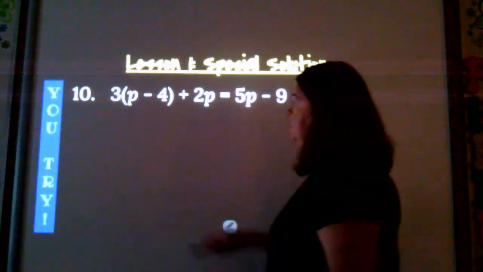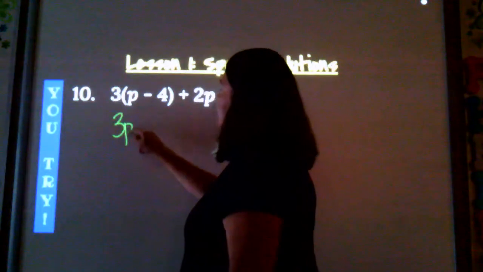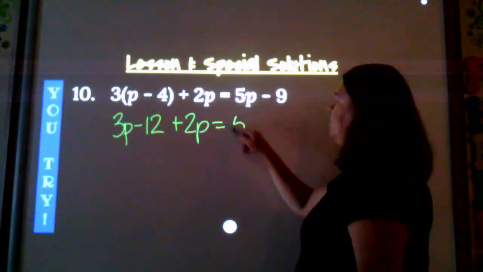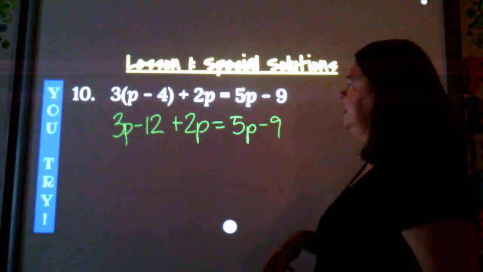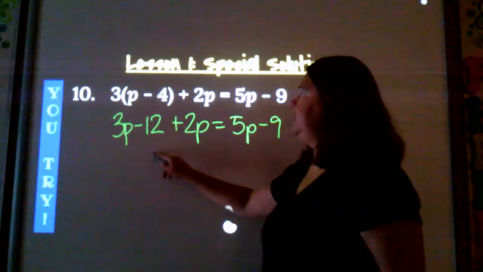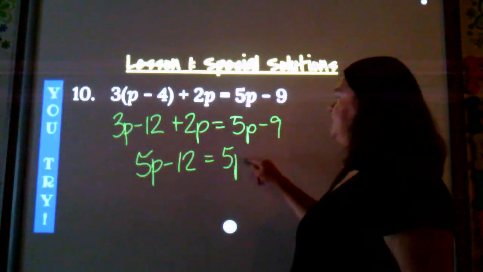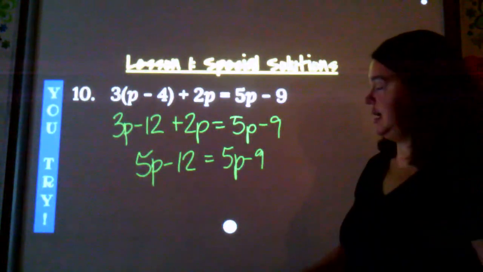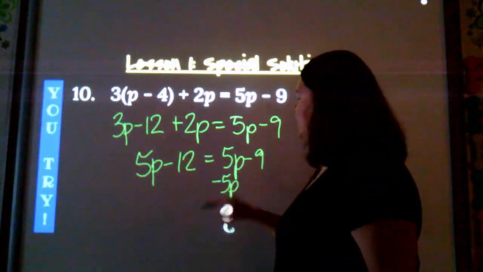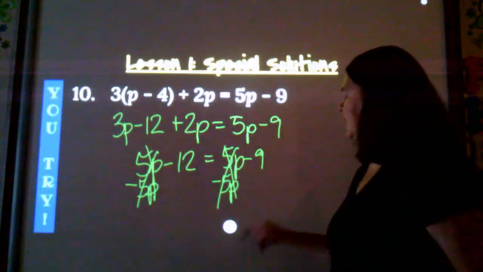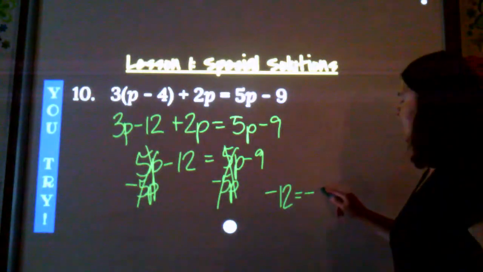Alright, let's look at this one. We're going to distribute, so I've got 3p minus 12 plus 2p equals 5p minus 9. 3p plus 2p is 5p. And if you notice, I got a 5p on the other side, so we're looking interesting because our 5p's are about to cancel. I get negative 12 equals negative 9.